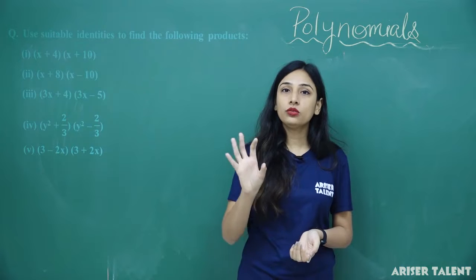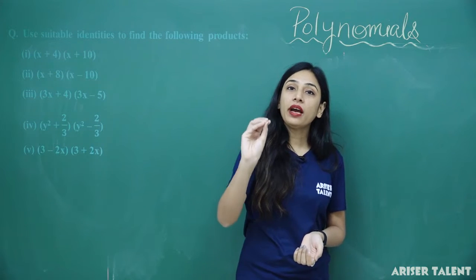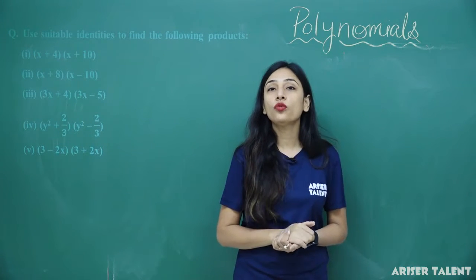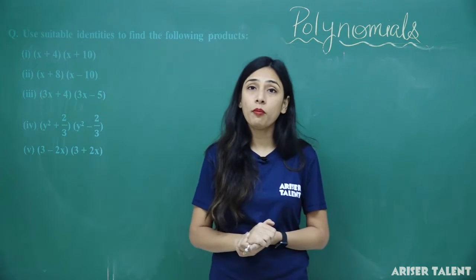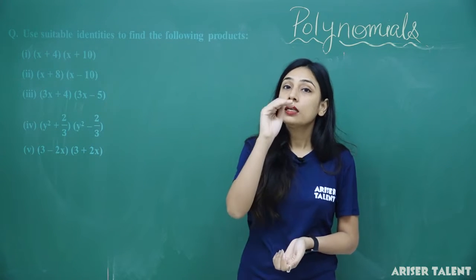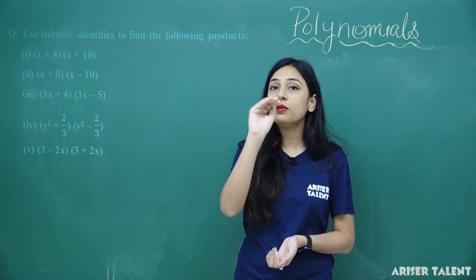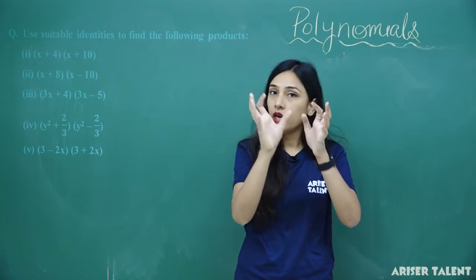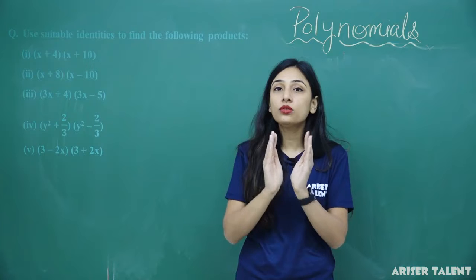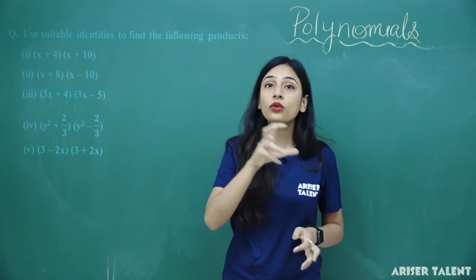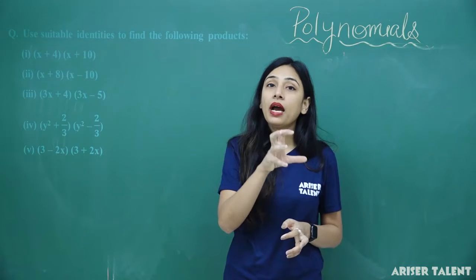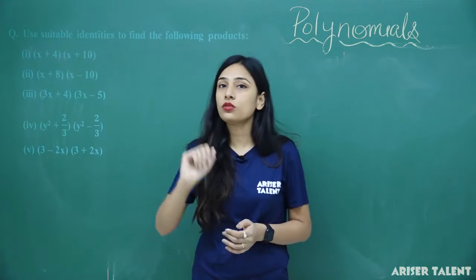Now I am telling you, students, if you have to find the square of 104, are you going to multiply it fully? No, there is a simple format: you can just divide it into 100 plus 4 and whole square. 104 whole square equals 100 plus 4 whole square, and now you can solve this by the formula x plus y whole square.